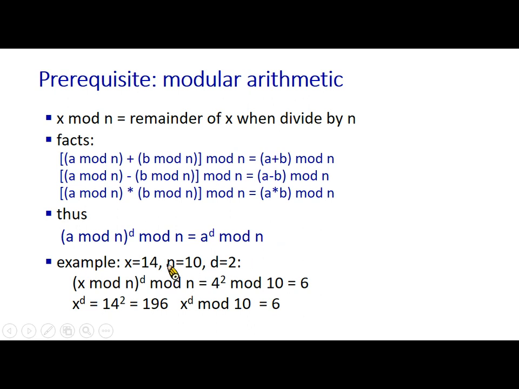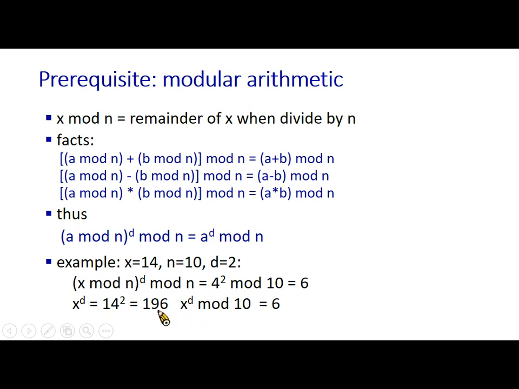For example, if x is 14, n is 10 and d is 2, then x to the power d is 14 squared, which is 196. 196 mod 10 is 6.